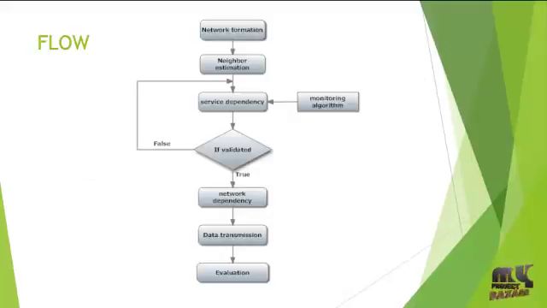Let us see the flow of our project. First, the network is formed, then we have to estimate the neighbors. Then, depending upon the neighbors, service discovery is done. The monitoring nodes are formed and transfer the information via those nodes.